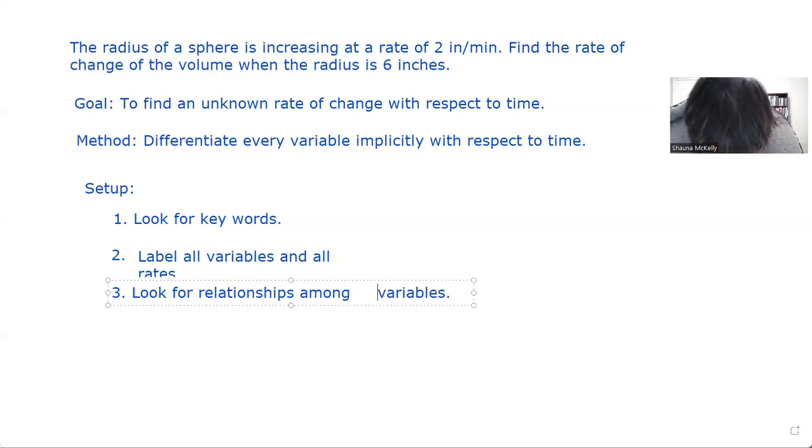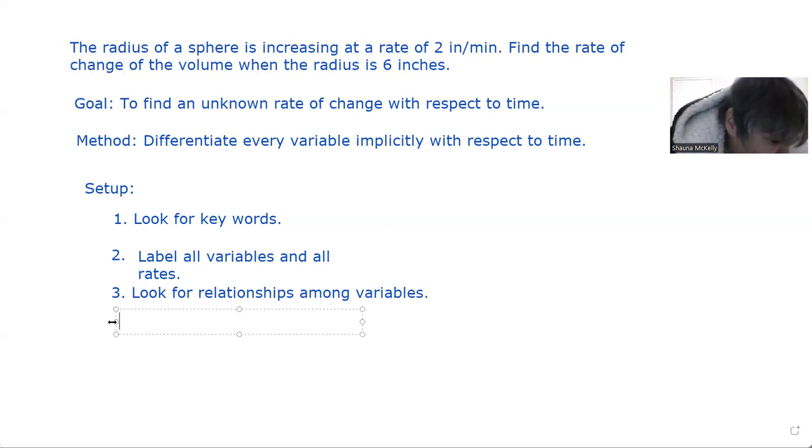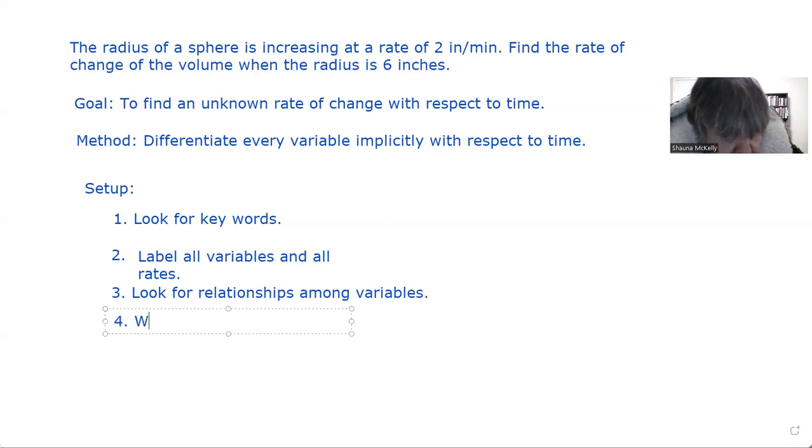And then you write an equation and then you employ the method. So we're going to step 4. We're going to write an equation. Sometimes you need more than one.